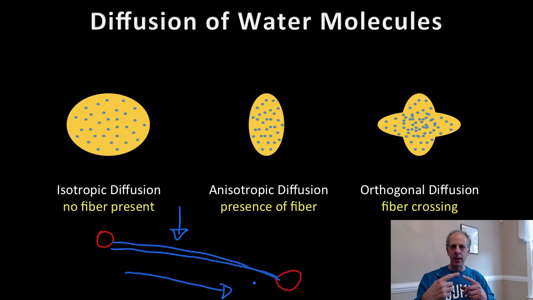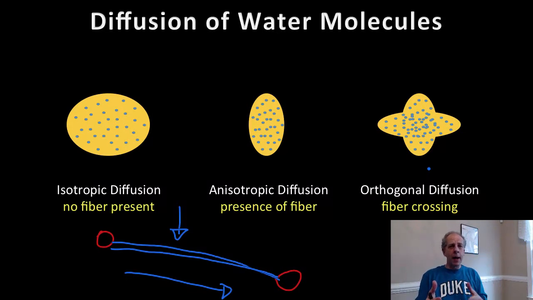Now you can also find crossings, basically find that more than one direction is difficult to make the water go through. And in general, you can find the probability of diffusion in every direction, and that gives you the probability of having connections, cables, these bundles in the brain between different directions.